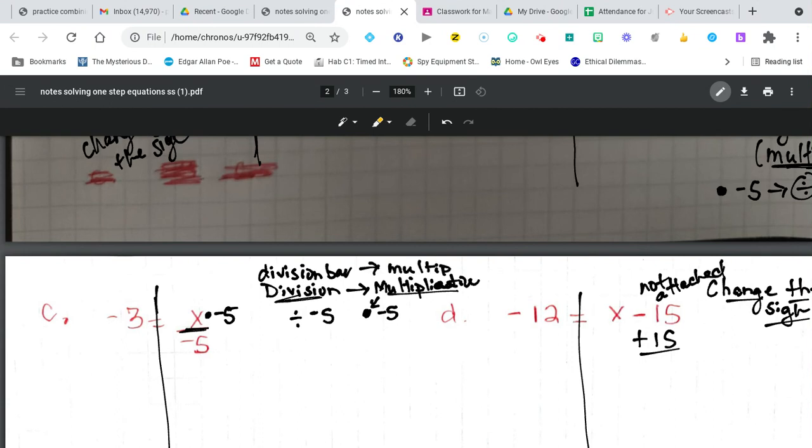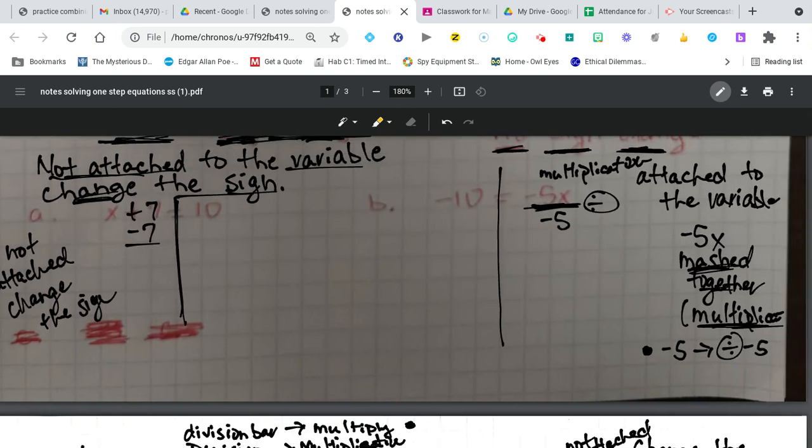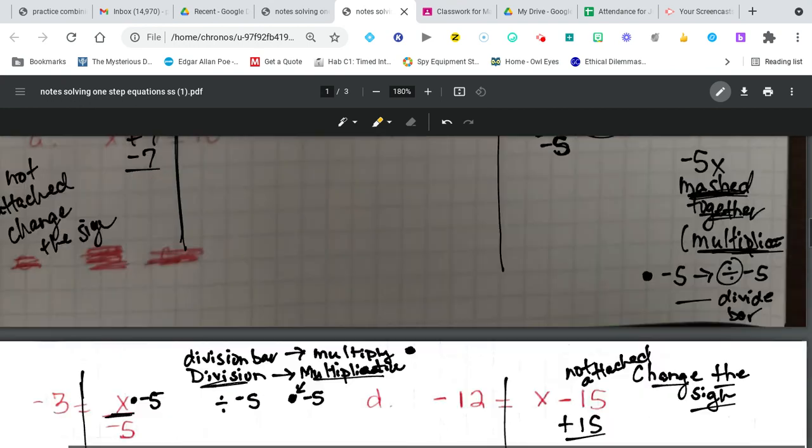And to multiply, we just use a little dot. If it's mashed together, that is multiplication, so you want to use your divide bar. And your divide bar goes in the middle, in between the -5 of the number that is with the X and the -5 that you write. Okay? It goes in the middle.